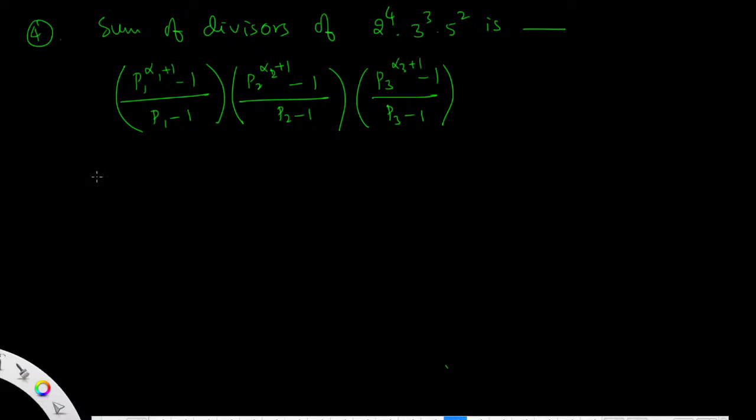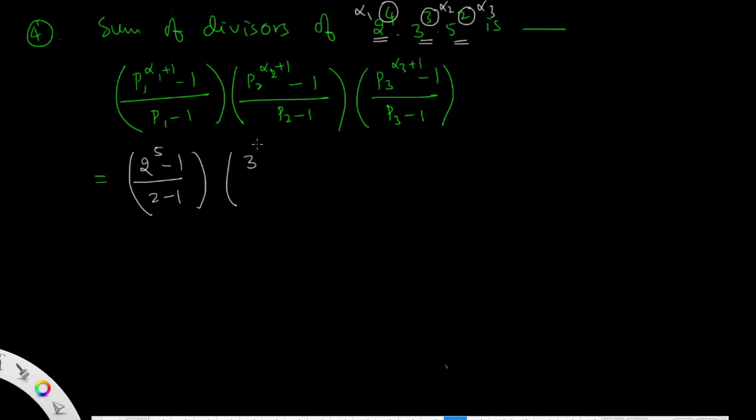Here P1, P2, P3 are in the denominators. Then 2 power 5 minus 1 by 2 minus 1, 3 power 4 minus 1 by 3 minus 1, and 5 power 3 minus 1 by 5 minus 1.